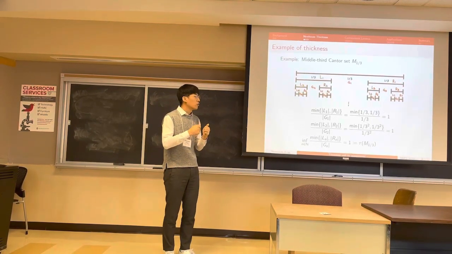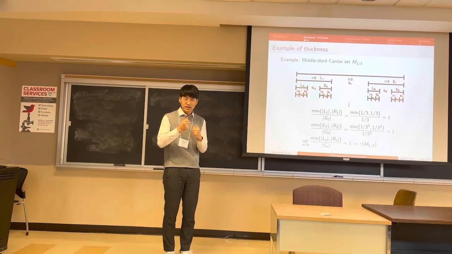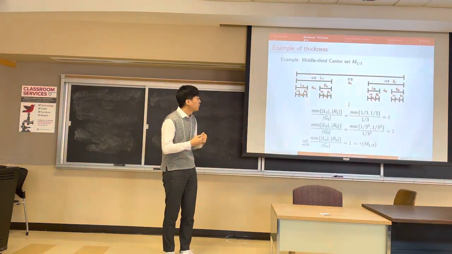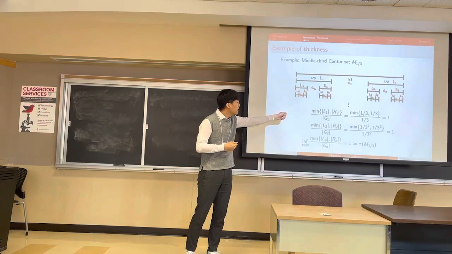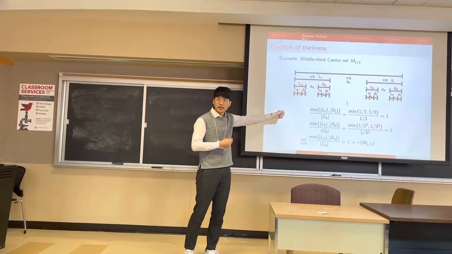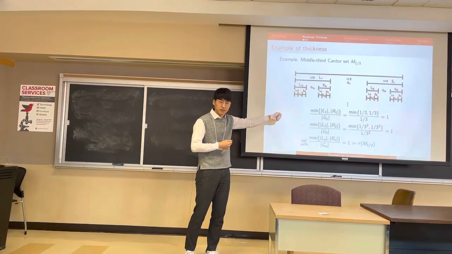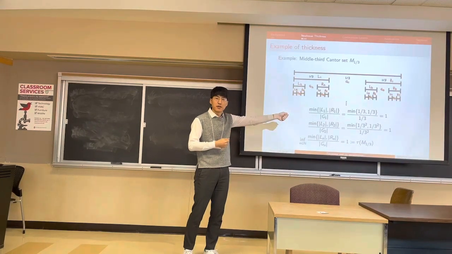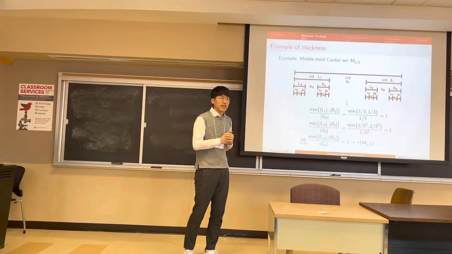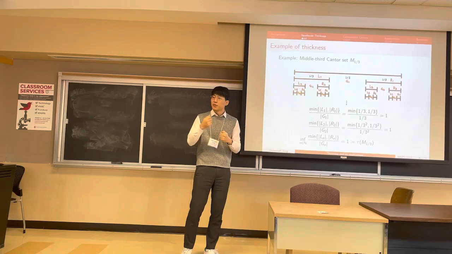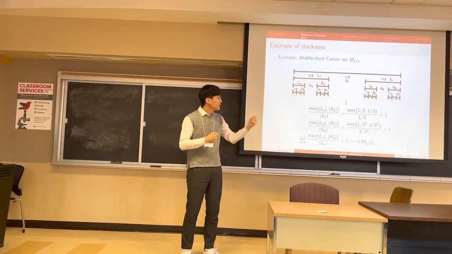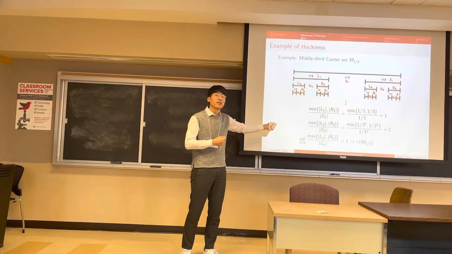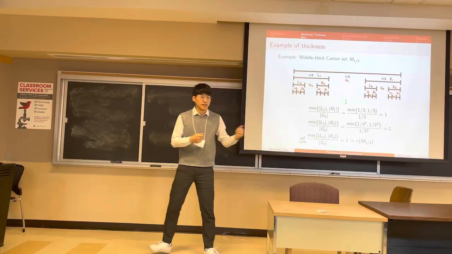Here we're going to compute the ratio of what remains over what we have removed. So for example, for G1, we're going to take the minimum of the lengths of L1, R1, and divide it by the length of the gap G1. In this case, we'll get 1 because it's the middle third Cantor set, and also for all the other gaps. So if we take the infimum of all of those ratios, we'll still get 1, and we define that to be the thickness of this middle third Cantor set.